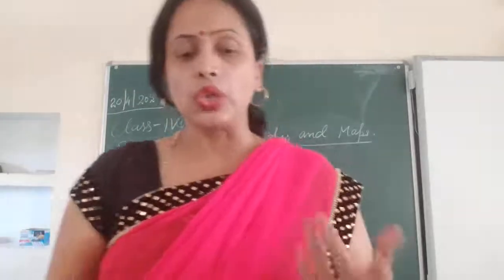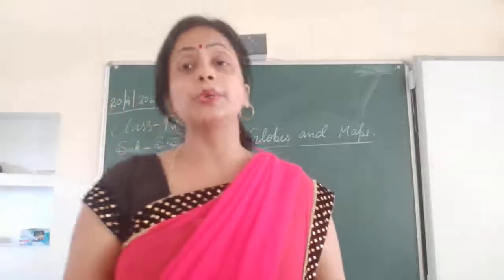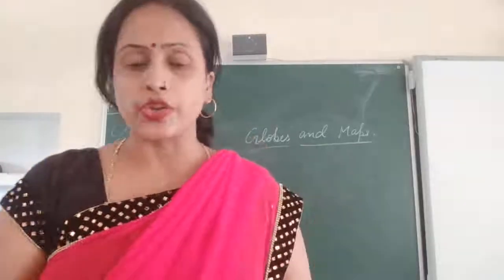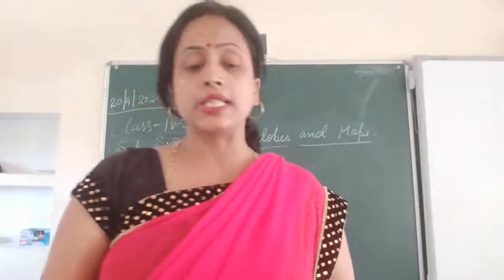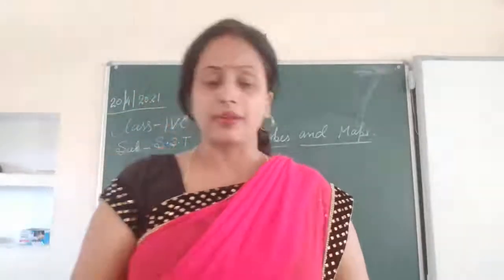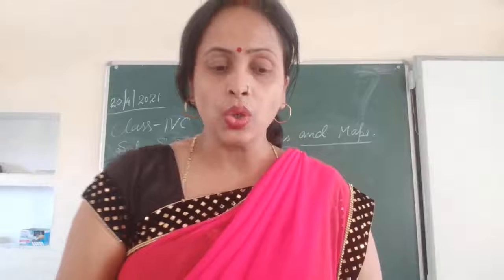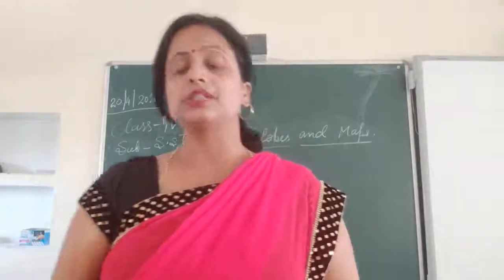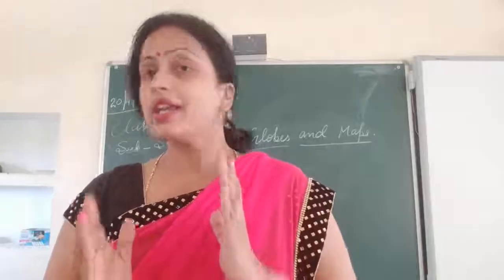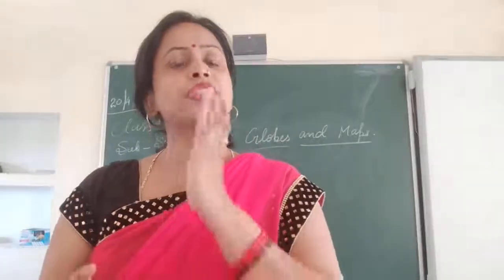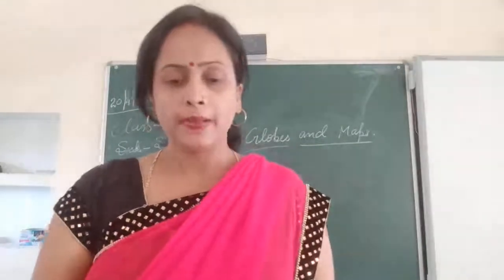As I have already told you, the globe is spherical in shape and it shows the position of the continents and oceans accurately. But even on the globe we can see only half of the earth at a time.